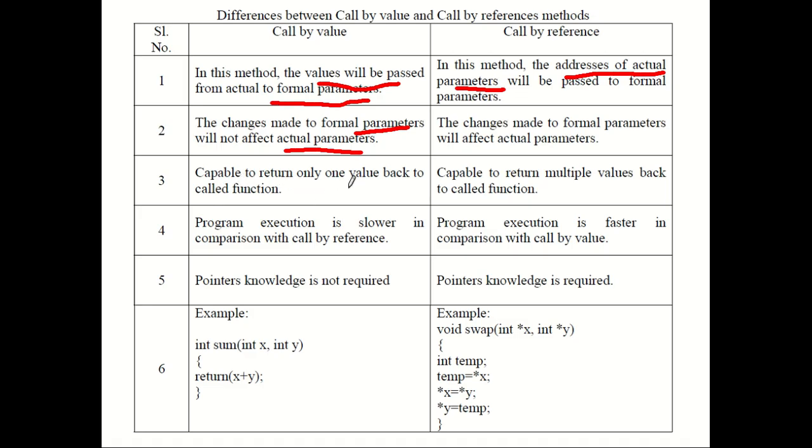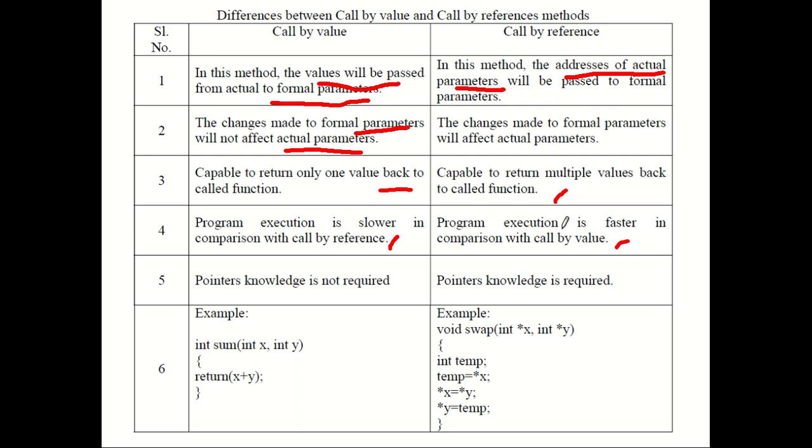Call by value is capable of returning only one value back to the calling function, whereas call by reference is capable of returning multiple values. Program execution is slower in call by value. In call by reference the execution is faster, because we operate on the address, while in call by value we operate on the values.